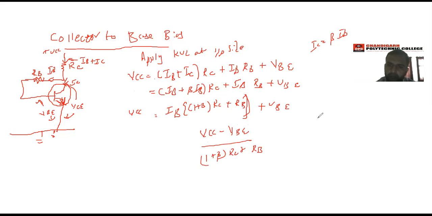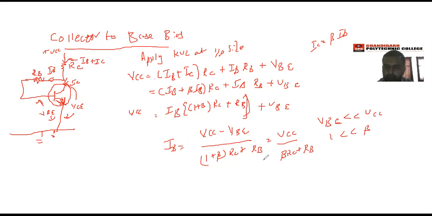The value of VBE is very much smaller as compared to VCC, and the value of 1 is very much smaller than beta. That's why we can neglect both 1 and VBE. So the value of IB is your VCC upon beta of RC plus RB. This is the value of IB.